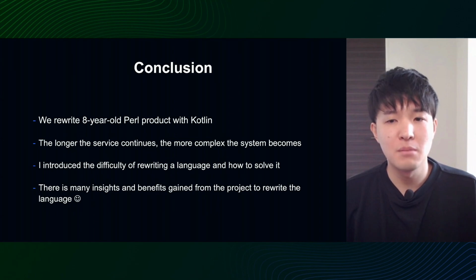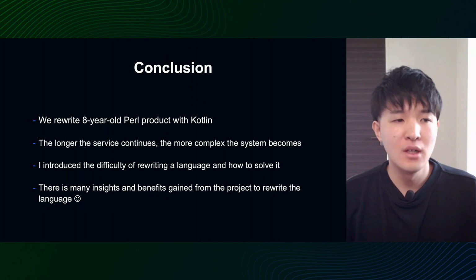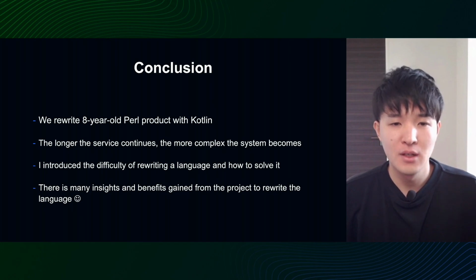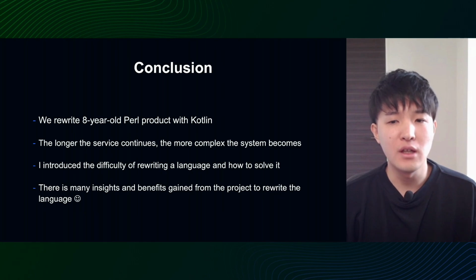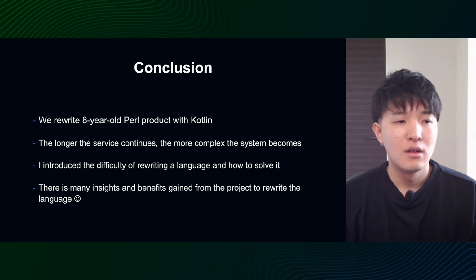So, in conclusion, I talked about this project of rewriting an 8-year-old Perl product with Kotlin. The longer the service continues, the more complex the system becomes. It is not anyone's fault. The optimum options were taken at a time, but then complexity is the result of it, together with maintenance time.